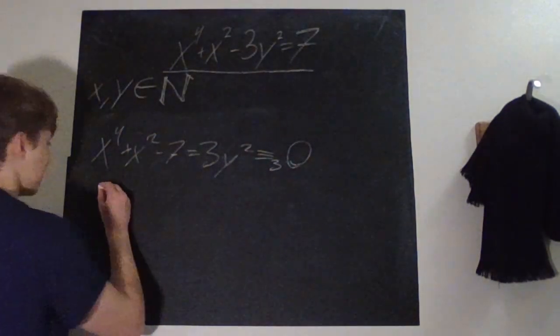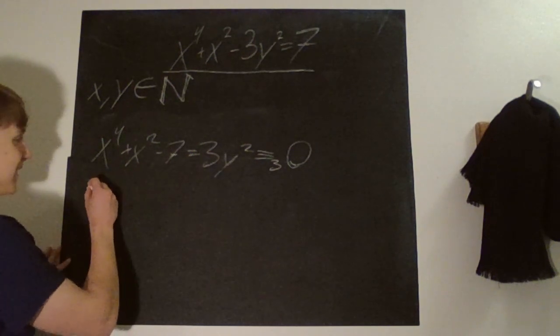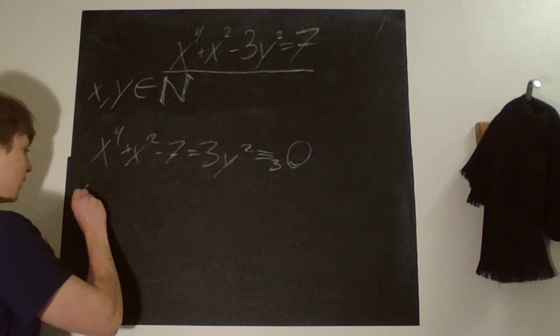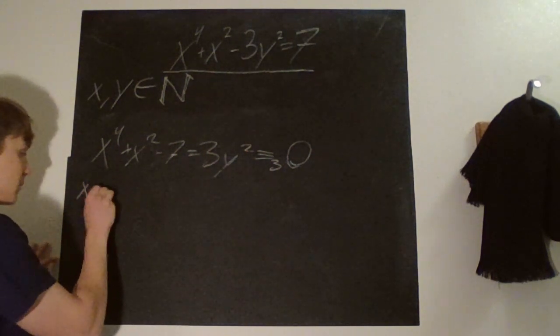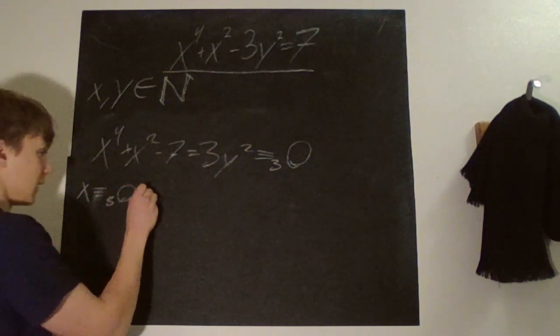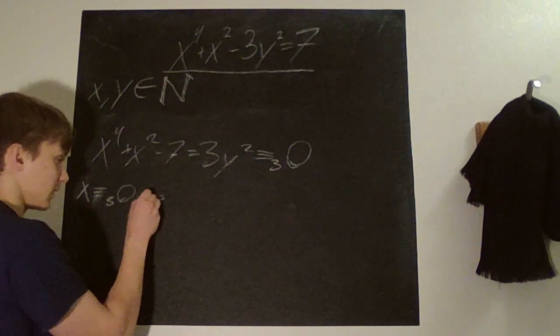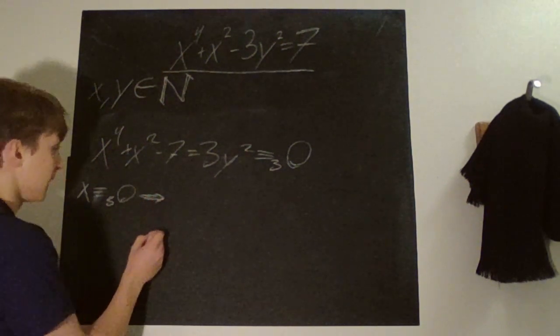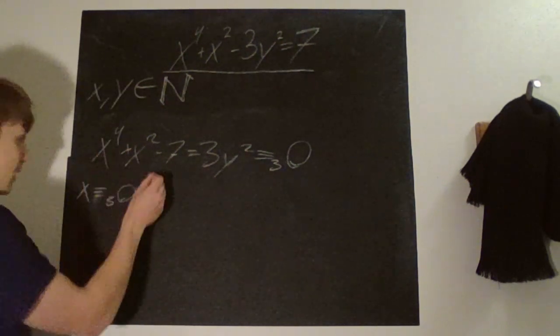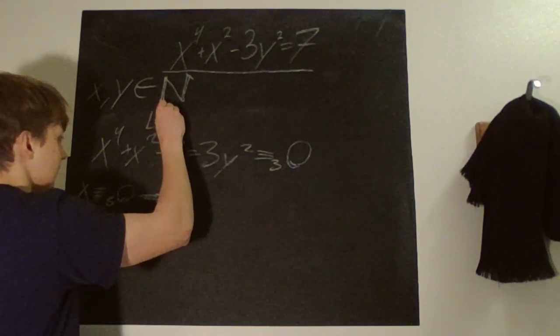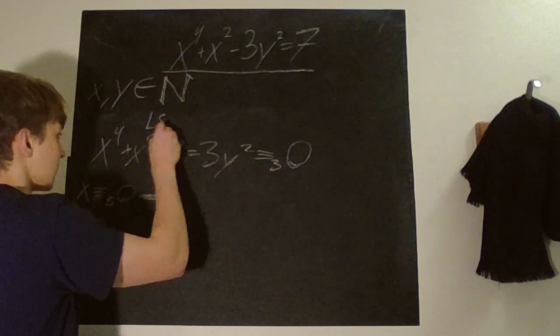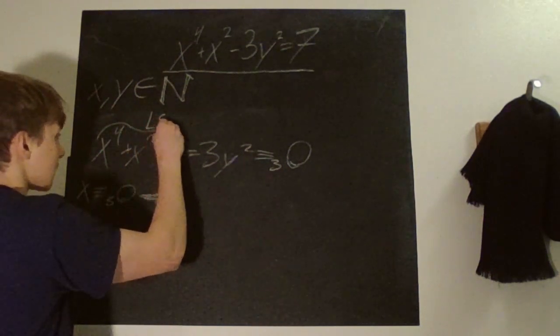So we have the first one where, okay, if x is divisible by 3, what does that mean? That gives that this thing, we'll call that the left side.